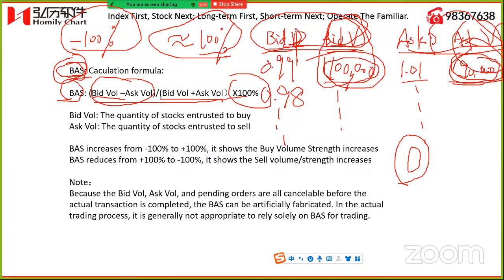But if the bias increases from 0 to 100%, the higher the percentage, the more buying pressure, more buying force. If the bias goes from minus 100% to 0%, it means more selling pressure.